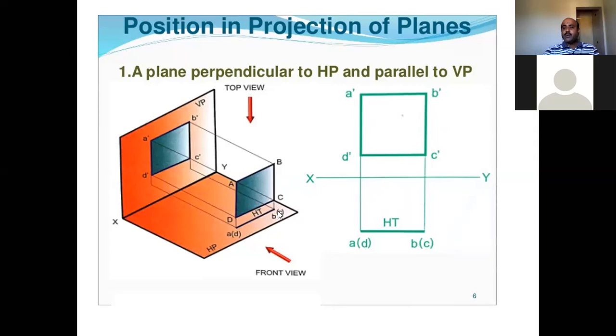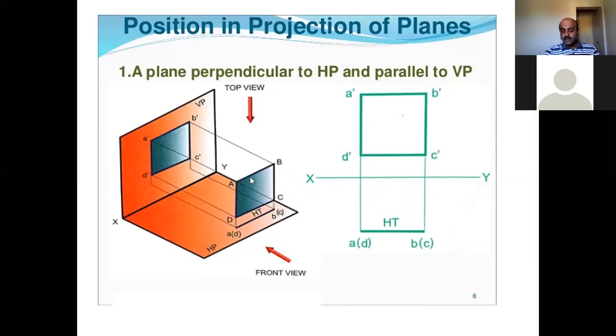The very important thing you have to remember here is that the line which is nearer to the observer is taken as visible, and the edge which is away from the observer is invisible.